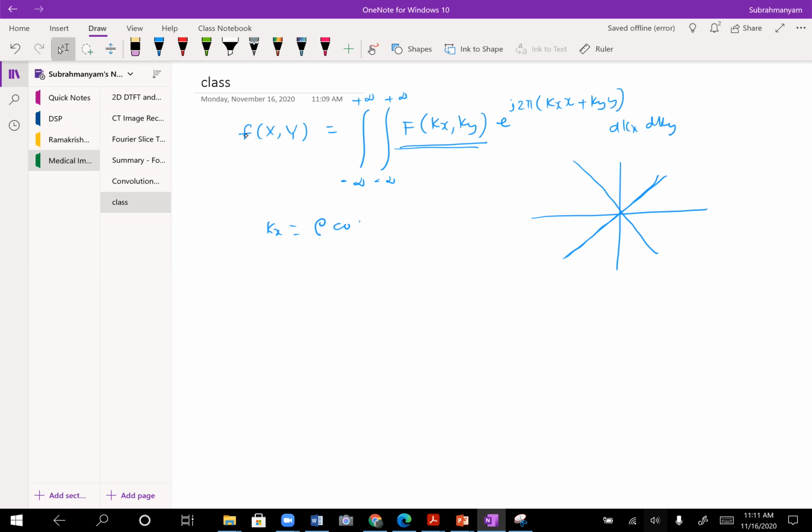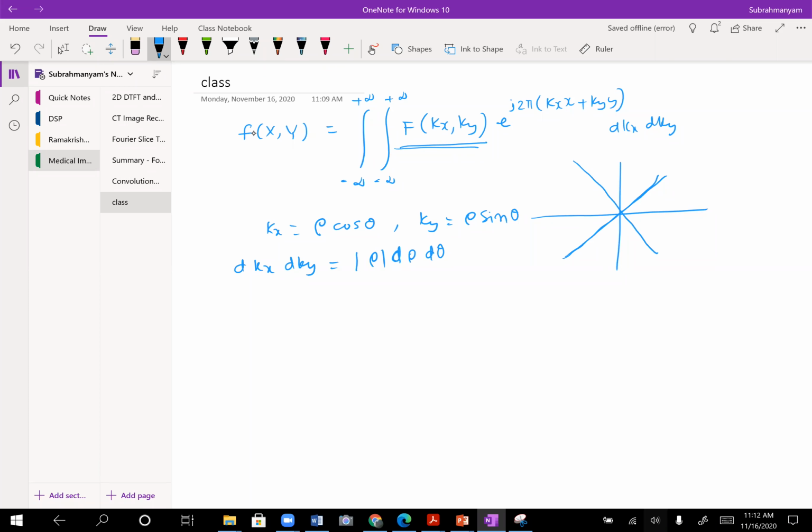So let's say I am taking kx equal to rho cos theta, ky equal to rho sin theta. And then this is something you are now quite comfortable with, I guess, dkx dky would be equal to absolute value of rho d rho d theta.